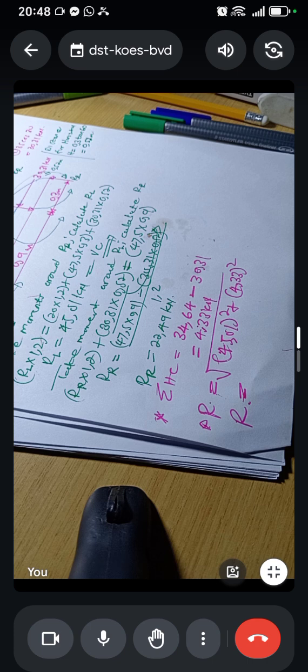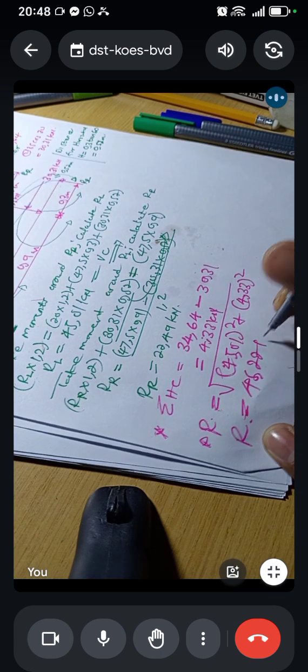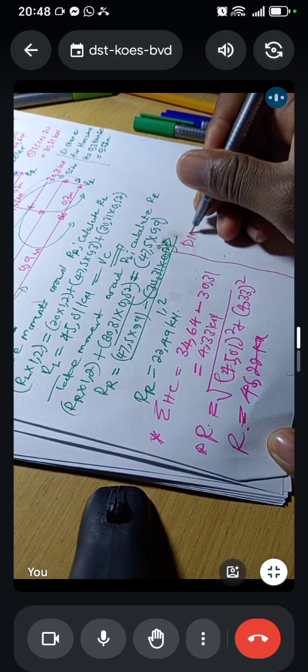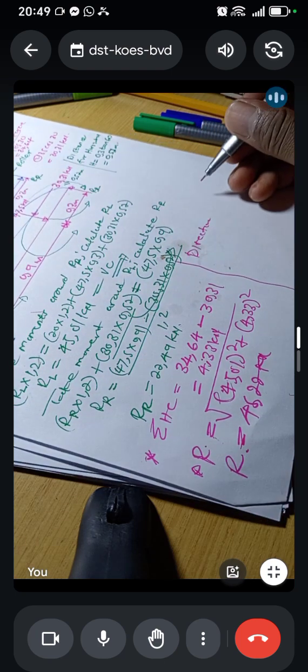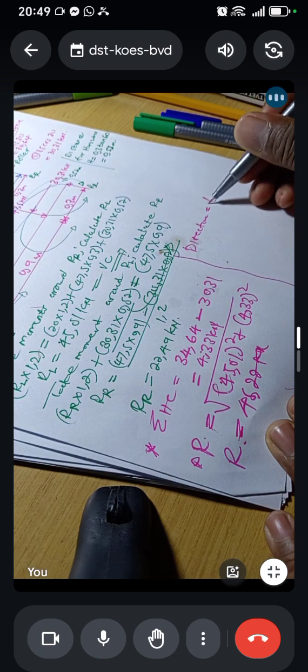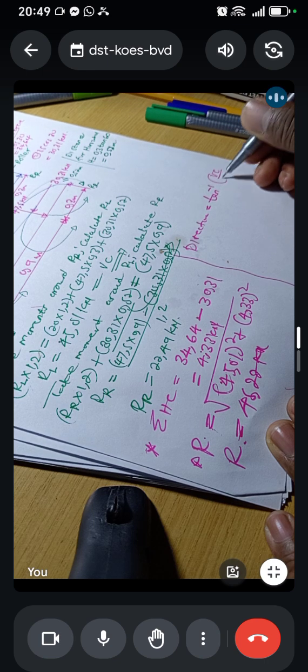45.22. So now we're going to direction. This is the last one. Direction is going to be inverse of tan VC over HC. So you substitute from that. VC is 45.01 divided by HC.